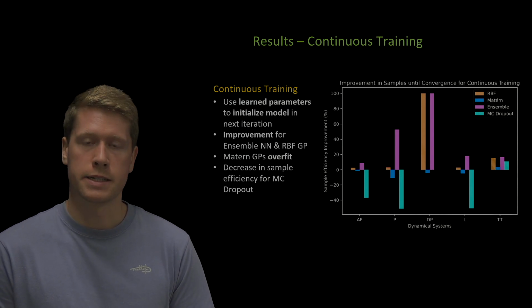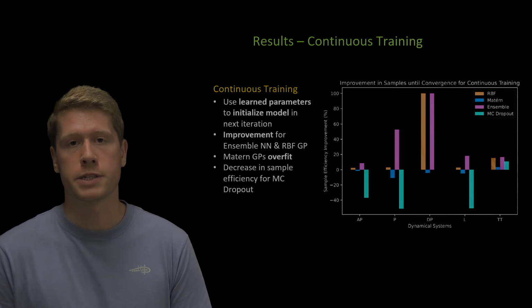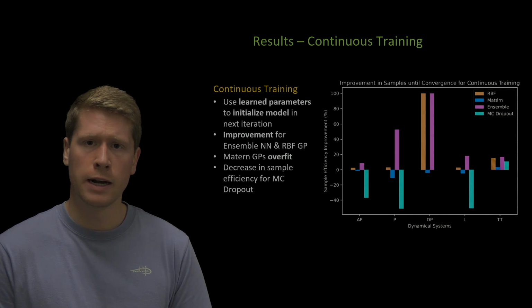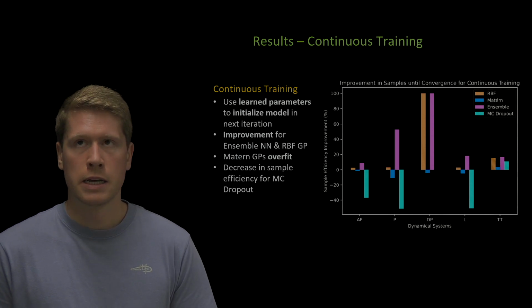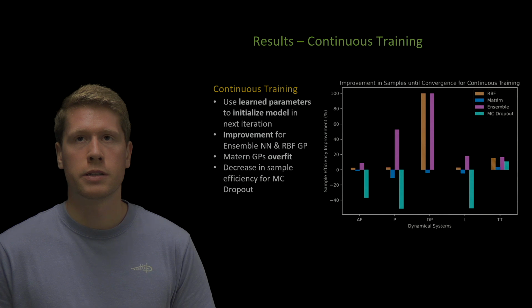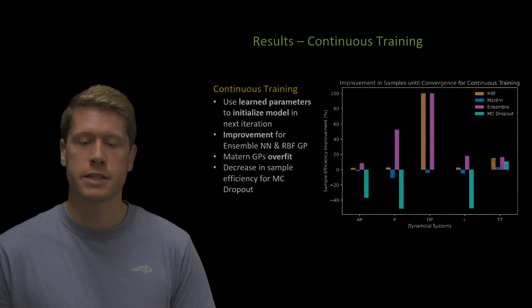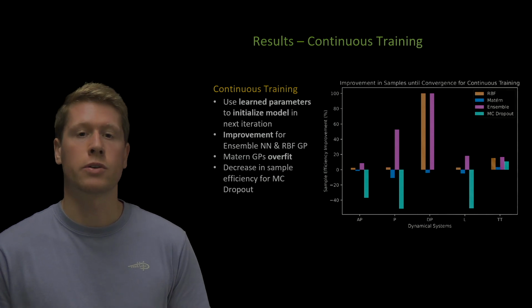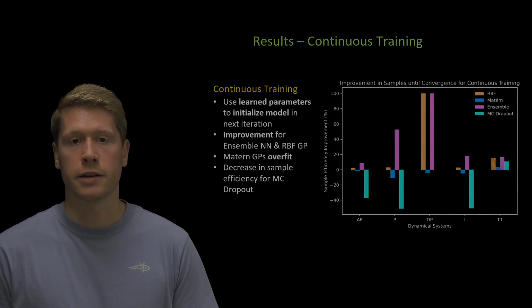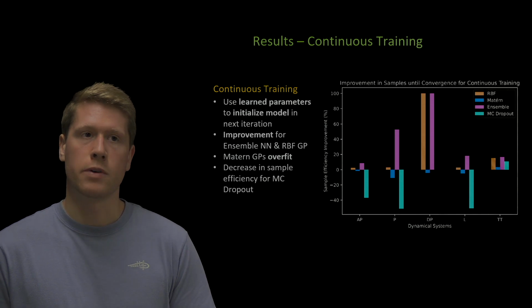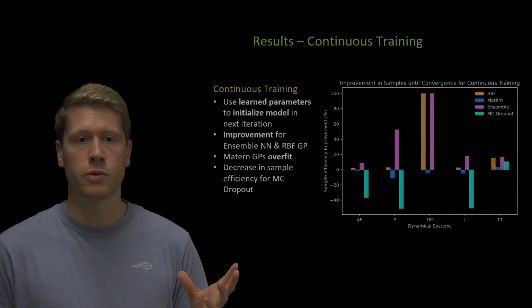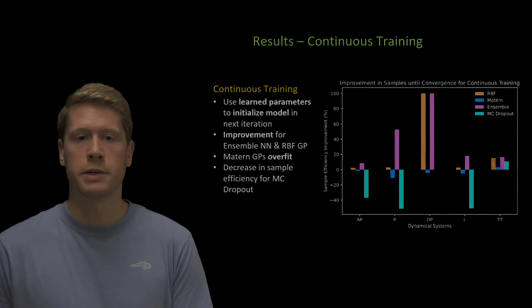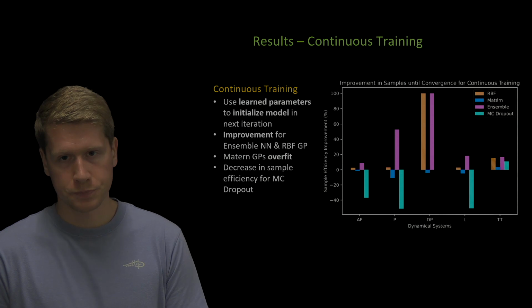What we've seen is a huge boost in performance, specifically for the ensemble neural networks. It really seemed to help navigate the loss surface during training to be initialized with a better solution than random weights, and really helped to get closer to the global minima that we want to converge to.